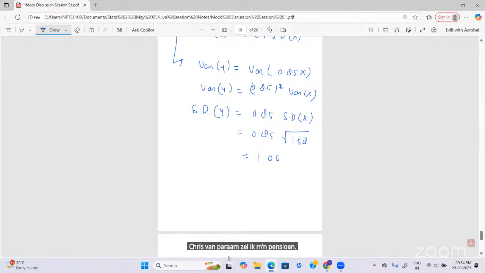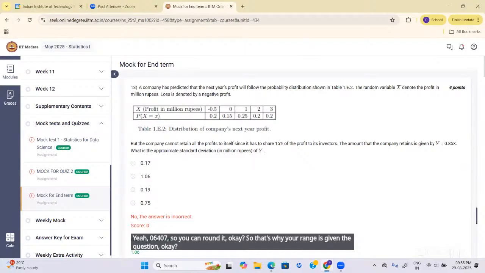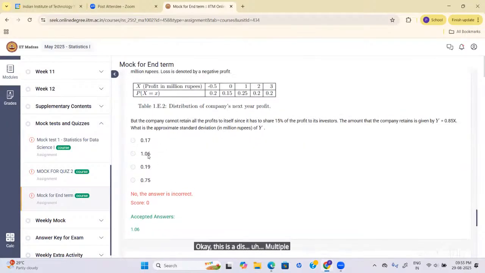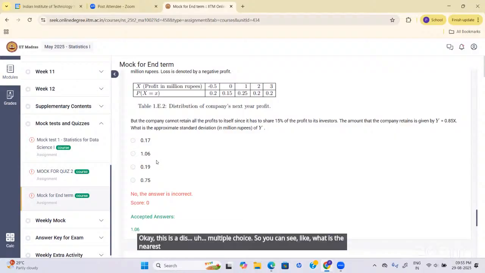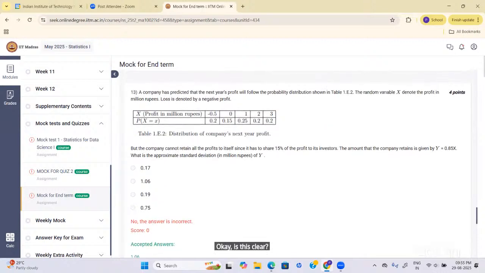Yeah, 0.6 or 0.7, so you can round it. So that's why a range is given in the question. This is a multiple choice question, so you can see what is the nearest option. Okay, so 1.06 will be the answer. Is this clear? Yes, ma'am.